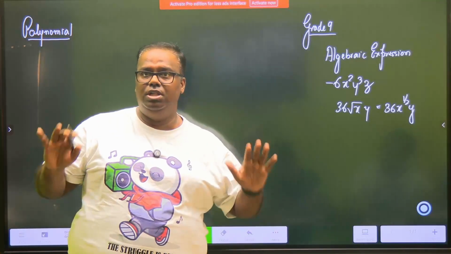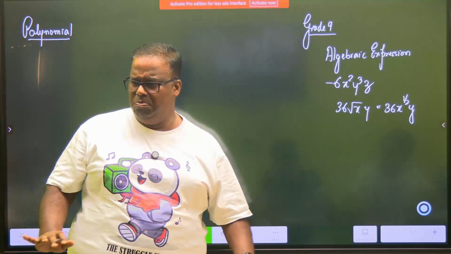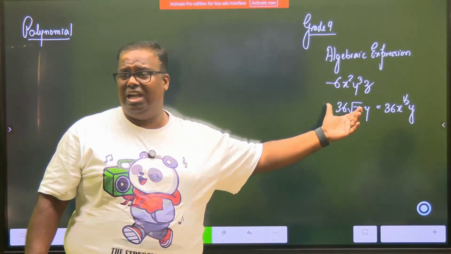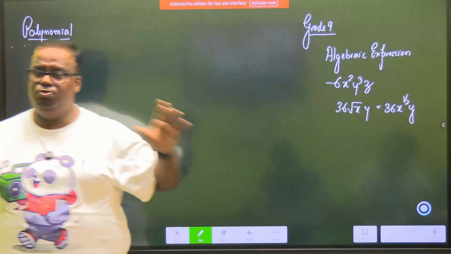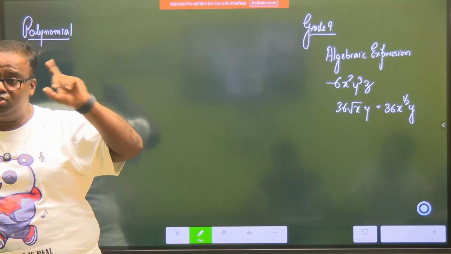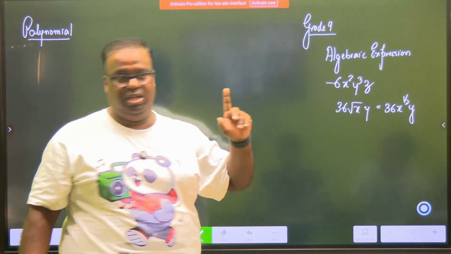So the simple desi explanation of polynomial is that it is an algebraic expression whose variable will always carry a whole number as a power. Remember this throughout your life. This is the easiest way to understand.